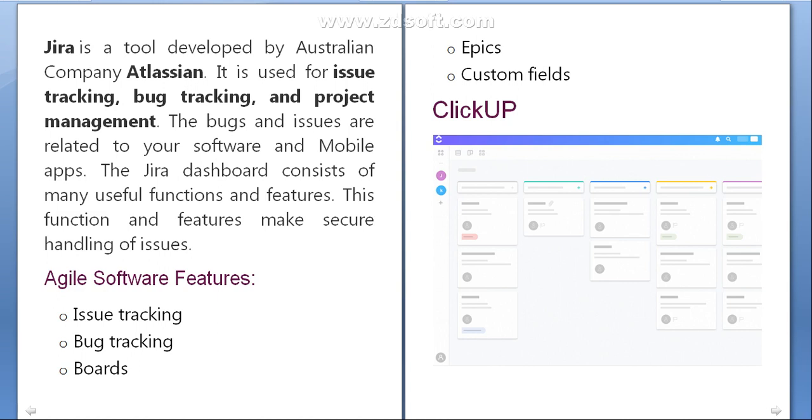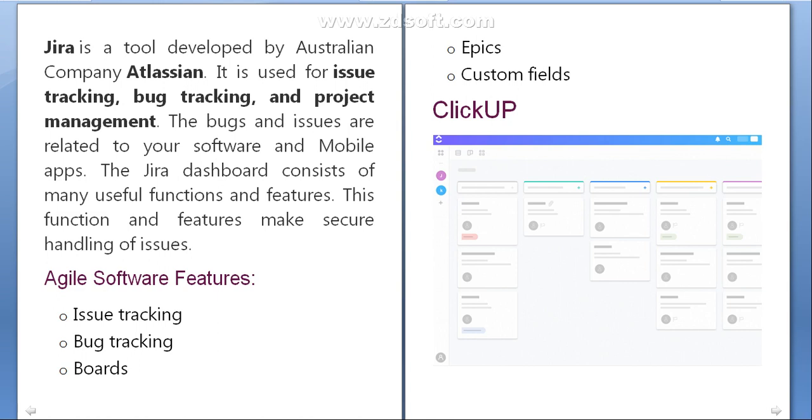The boards, epics and custom fields are there. So this is one of the tools. By using this tool you can manage the development of the software. Understood? Means you can keep track of the development of that software. If there is any issue, you can track it by having this tool.